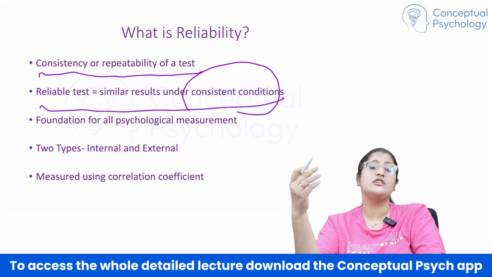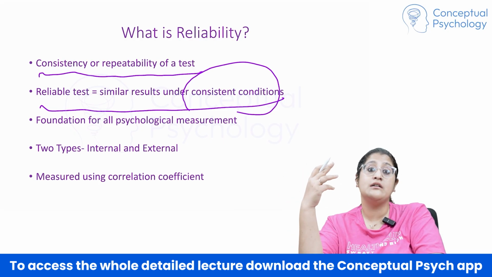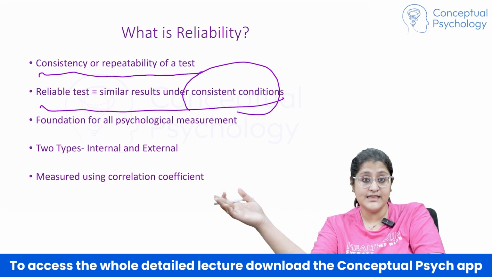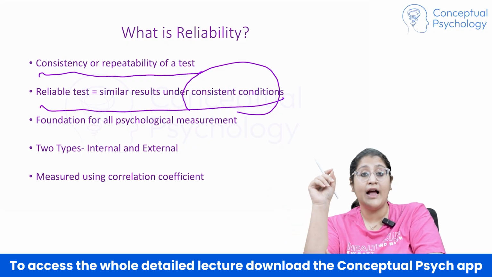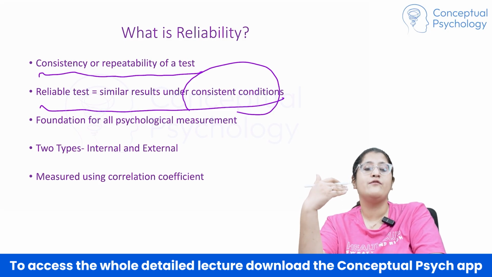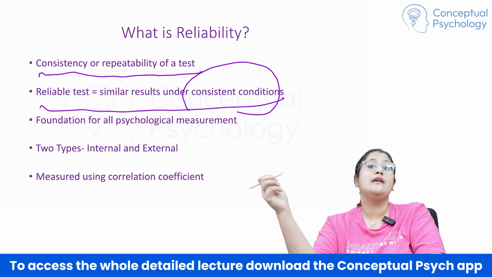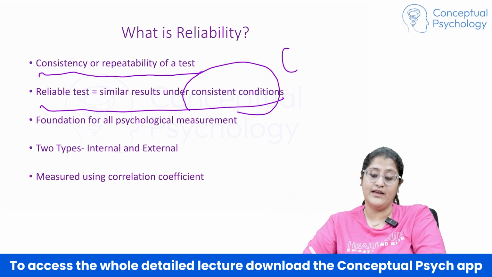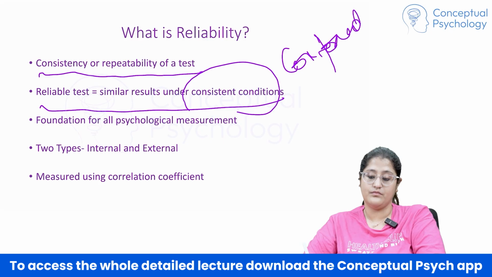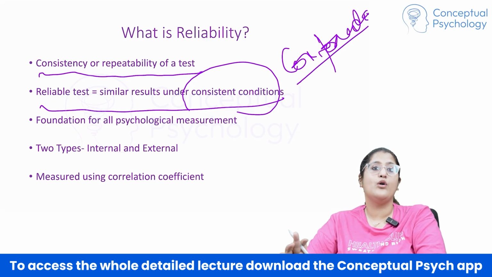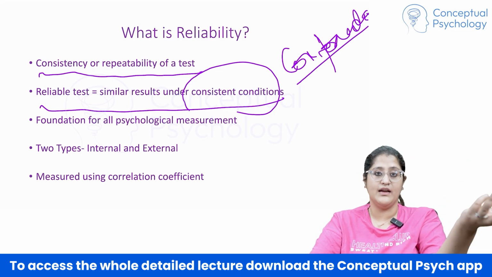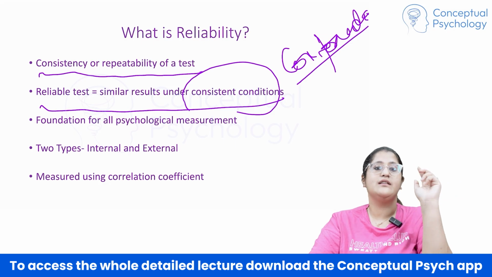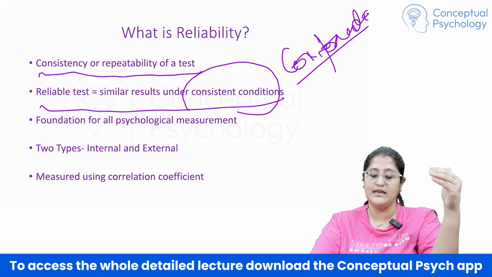Or if you change the setting, and the person is suddenly taking a test in a setting where there is a lot of loud noise, the results will be different, and the score that you get would not reflect the person's intelligence, but would be influenced by confounding variables. What are confounding variables? Confounding variables are variables that are not under the control of the examiner. It is an extraneous variable that is affecting the score of the individual.